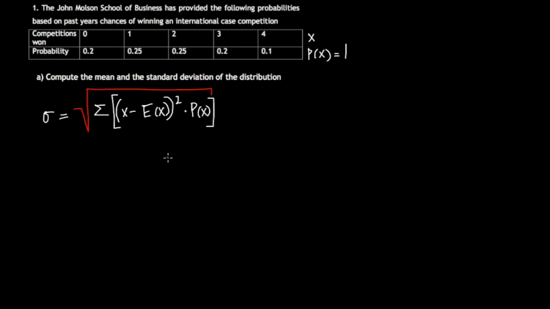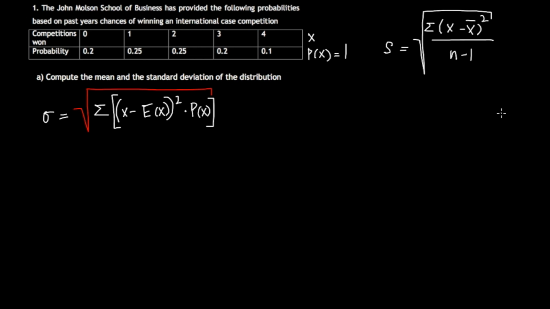Now, some of you, this might look familiar. That's because before, what we used to do was, and this is S for the sample standard deviation, we used to take the square root of the sum of the x's minus the x bars, which are the sample means, to the power of 2, and we used to divide these by n minus 1, right?